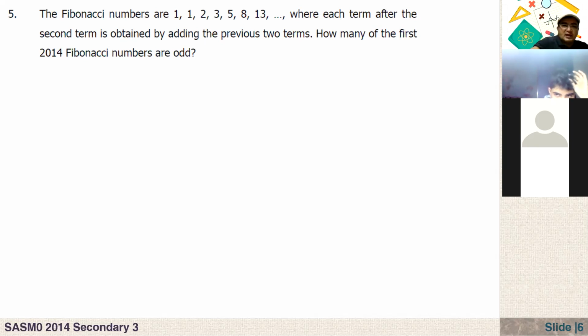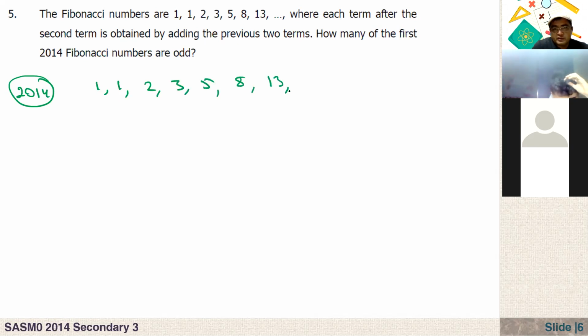Okay. Number one, when it is 2014, right? If you just write 1, 1, 2, 3, 5, 8, 13, 21, 34, continue. What we have to find here is how many of the first 2014 Fibonacci numbers are odd.